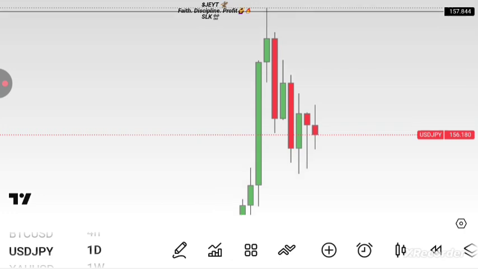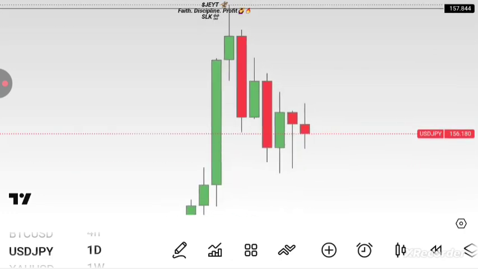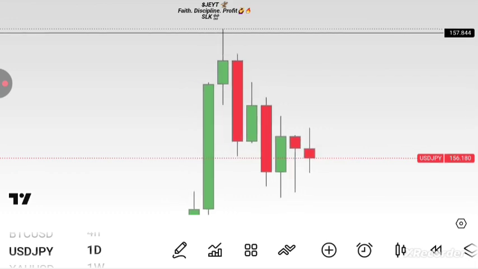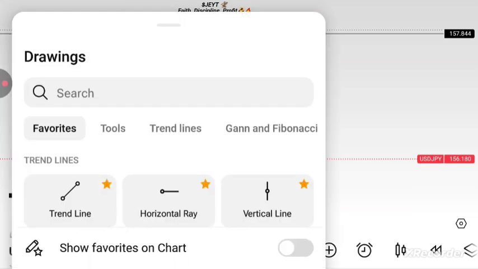Then I said if you drop 1 time frame lower, you should be expecting 2 things. Number 1, a sweep of liquidity and a break of structure, or most recent breakout to the downside.